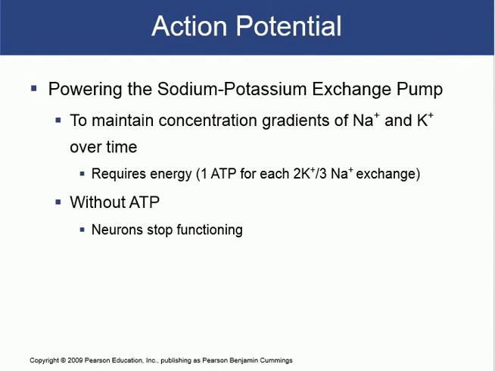It's going to reverse. Okay? Flip it, 3 and 2. Flip it again, 3 and 2. Flip it. This is just a configuration of the enzyme. So always take 2 potassium in, 3 out. 2 in, 3 out, until you return everything back to normal. All right? What if you don't have ATP? You can't do that. So it's not going to respond anymore. And that's when we run out of energy. Okay?